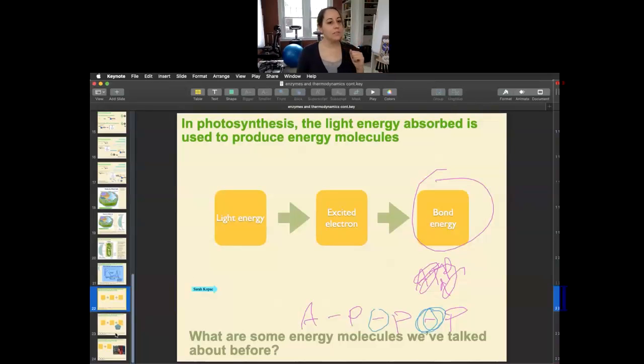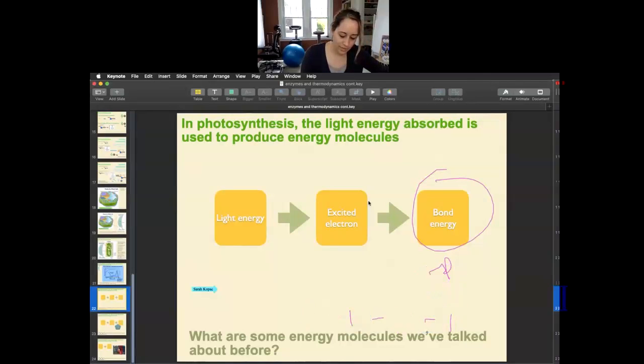However, the problem here is that there's a lot of energy in this photon that is absorbed, and we cannot go straight from light energy to bond energy. We can't even go straight from an excited electron to making ATP. We need to have a lot of steps in between. And it's not just because our cells are inefficient or something, or that we don't have the right molecules to do that.